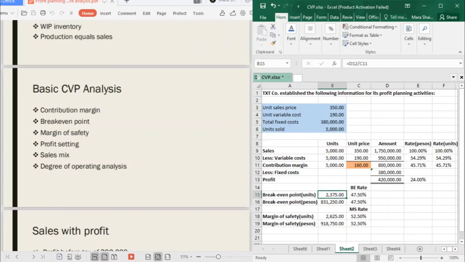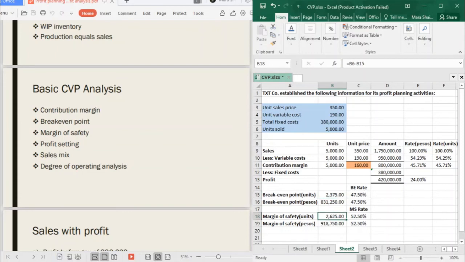Now, your break-even point is when your profit is equal to 0. Your break-even point is when your fixed cost is equal to your contribution margin. You are just breaking even. So, whatever is left over from your sales less your break-even point indicates that there is profit.